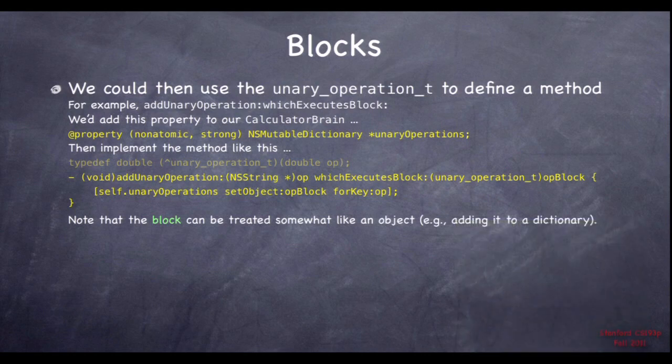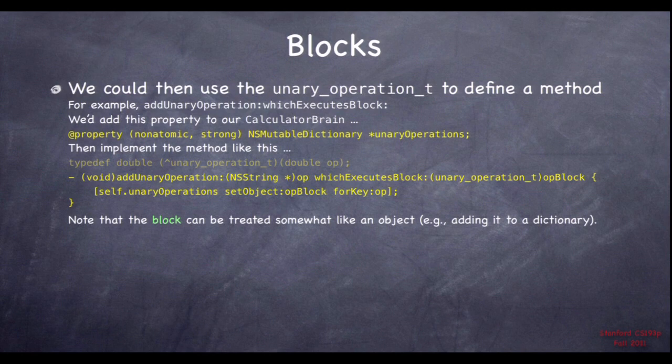And then we would implement addUnaryOperation:whichExecutesBlock: like this. addUnaryOperation:(NSString *)op whichExecutesBlock:(unary_operation_t)opBlock. Right? So we're saying that the second argument to this method is a block. And unary_operation_t describes what kind of block. Then the implementation is a one-liner. We just add to our dictionary that block for the given key.